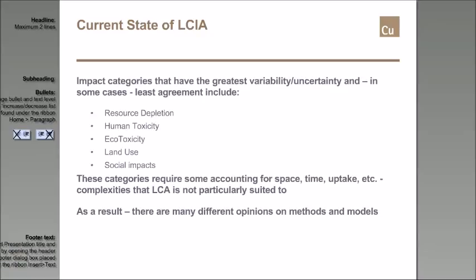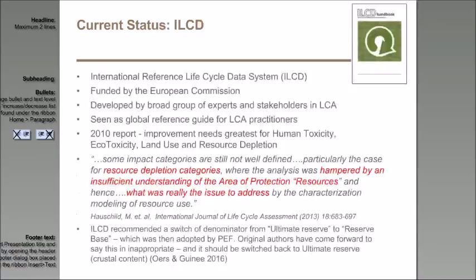And that's because these categories require some accounting for space, time, uptake, basically what we would sum up as complexities that LCA is not particularly suited to. As a result, there are many different opinions on methods and models, and you'll see a little bit later in my slides, in some cases for these different impact categories, you can have upwards of 15 to 20 different models being used to calculate characterization factors.